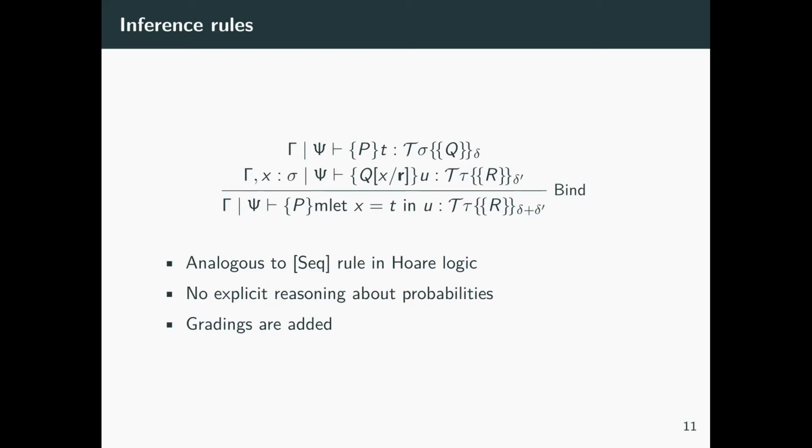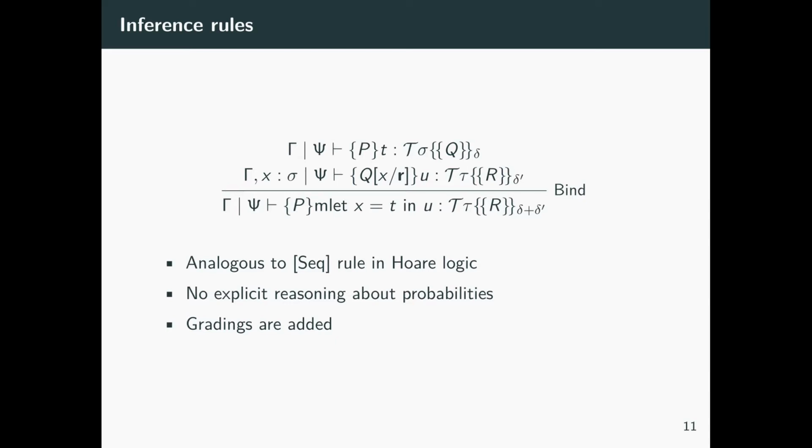Then for U, we prove that with precondition Q, we can ensure postcondition R with probability 1 minus delta prime. Then the bind rule lets us conclude that with precondition P, the sequence TU satisfies the postcondition R with probability 1 minus delta prime.